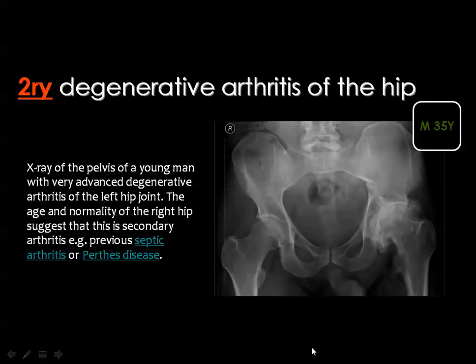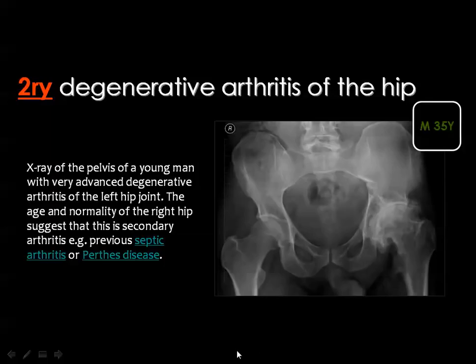And here you can diagnose secondary osteoarthritis by the age of the patient and the unilateral appearance of the disease and the extensive changes compared to the opposite side. Here you see that there is marked narrowing of the joint space with subarticular bone sclerosis, prominent osteophytic lipping of the articular surfaces.